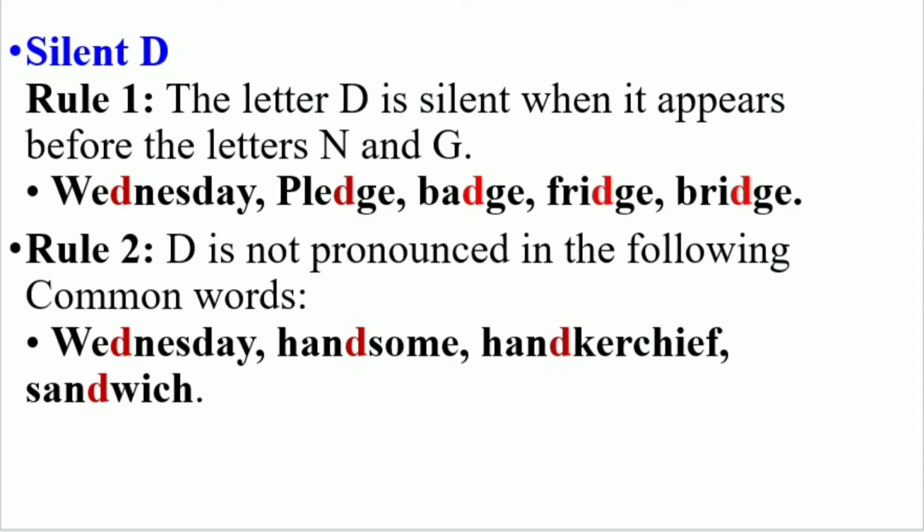For example, Wednesday, handsome, handkerchief. It is not handkerchief with a D, it is handkerchief without it. In fact, the formal word for this is hanky. Next one, sandwich. It is not sandwich with a D sound, it is sandwich without it.